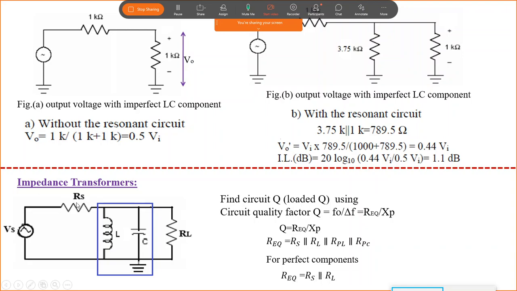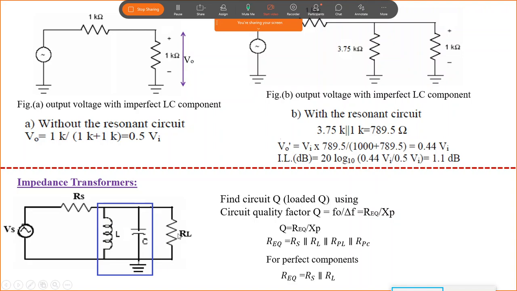That means the source resistance and the load resistance. See, this is a source resistance, this is a load resistance. Req is equal to Rs in parallel with RL. Now, even if L and C are perfect, the resonant circuit is a perfect circuit, Req depends on Rs and RL.